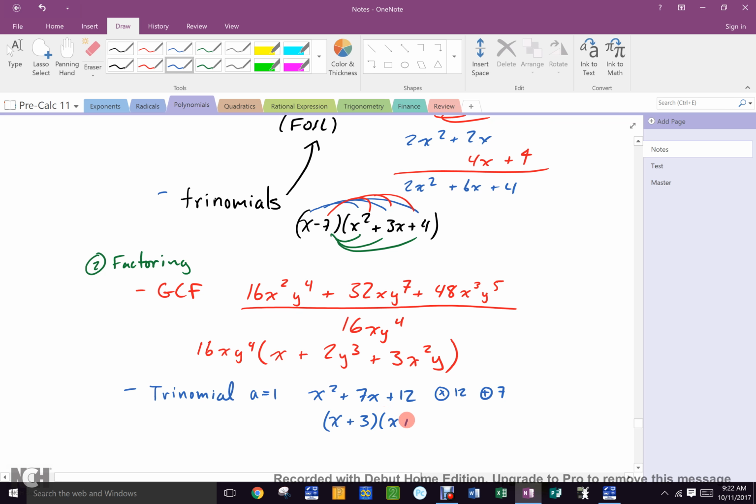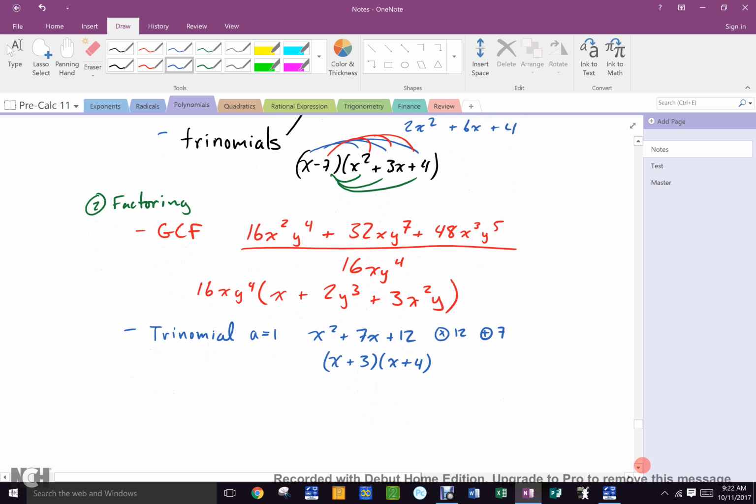I'll help you out. Flavor 3. Trinomial where a doesn't equal 1. So that's 3x squared plus 8x plus 5.